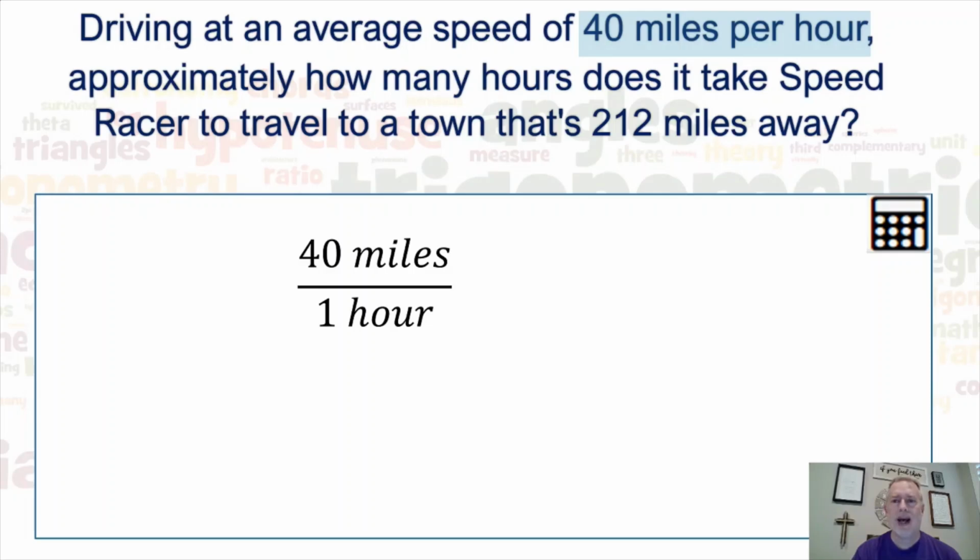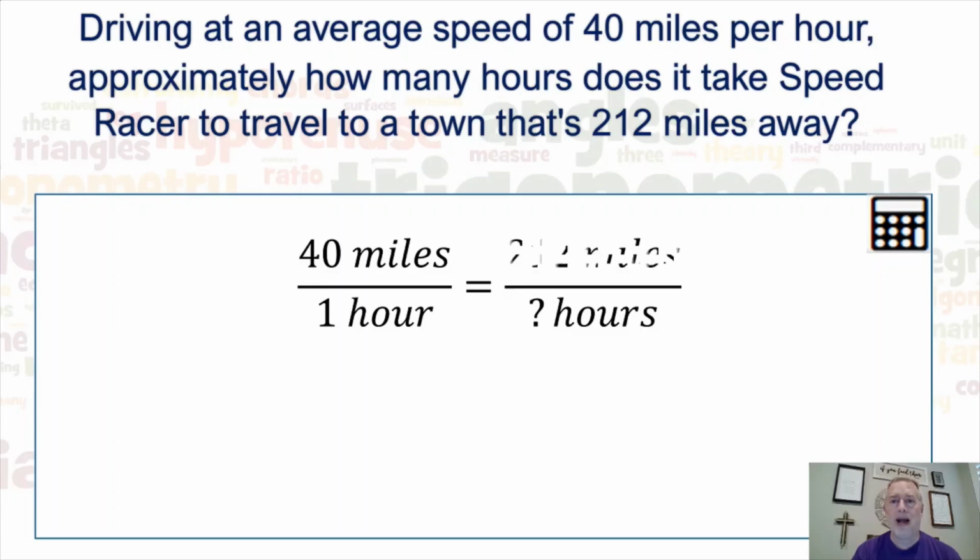So I'm looking for an hour, and I have some more miles. I bet I can set this up as a proportion, where one fraction is equal to another fraction. How many hours? I don't know the number of hours. I know hours goes on the bottom because my first ratio had hours on the bottom. It's 212 miles away. Well, miles was on top, so I'm going to leave my miles on top. Here we go. You just set up your ratio.